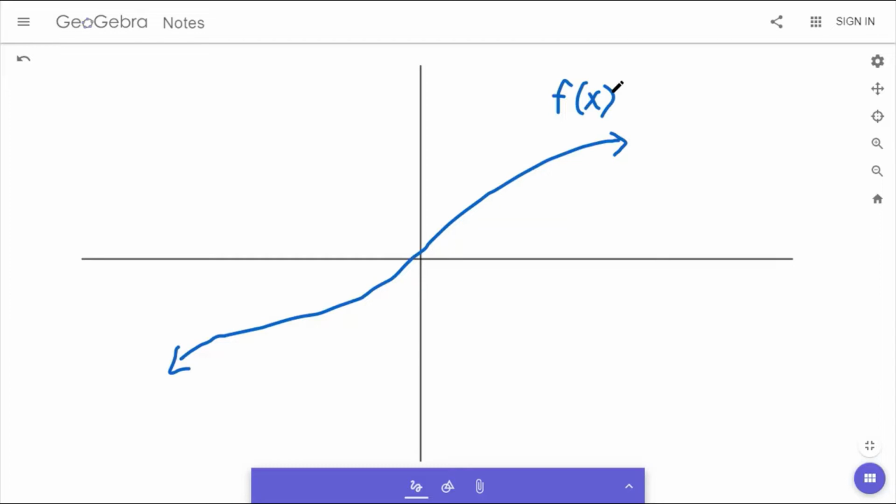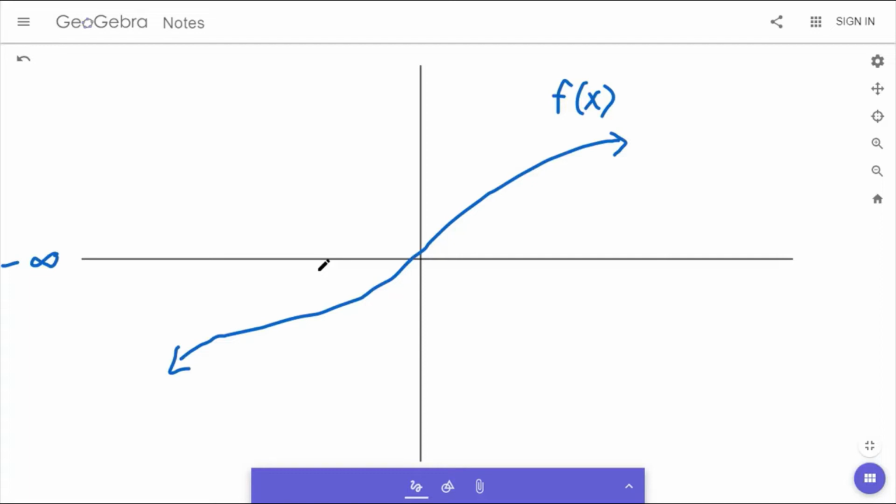Nakikita natin na habang ang x ay patuloy sa pag-increase, nakikita din natin ang y na parang paakyat siya, no? Y goes higher. However, as we keep on decreasing values of x or negative infinity, we also observe that the values of y seem to be decreasing.